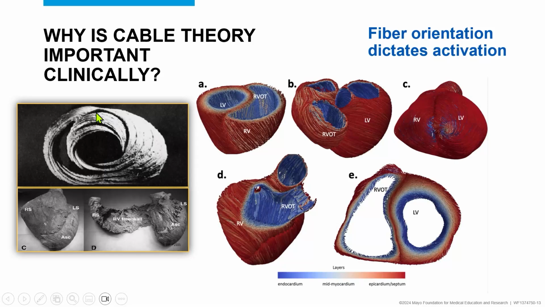So let's look at this anatomical view on the left for a second. If we're placing an outflow tract lead, maybe we couldn't get in a conduction system region lead because of scar down here, and you place a lead up here, you can very rapidly activate the lateral wall of the heart, because you are going to be facilitated with your conduction, conducting down those fibers, along the fibers in a longitudinal manner, as opposed to a transverse manner where conduction is going to be very slow.